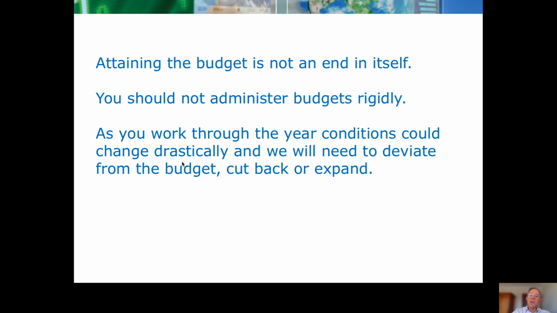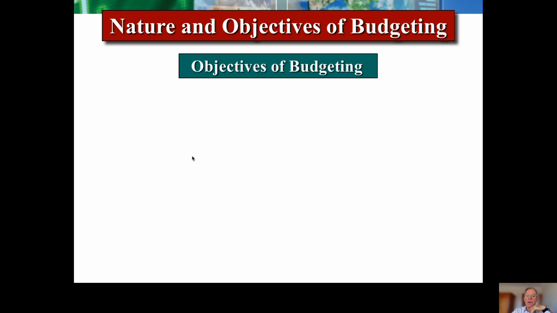The budget is not the end in itself. It's not like a law where if it's not in the budget, we don't do it. We do need to be flexible, and there are times when it would be to the firm's advantage to move away from the budget, cut back or expand as circumstances change throughout the period.